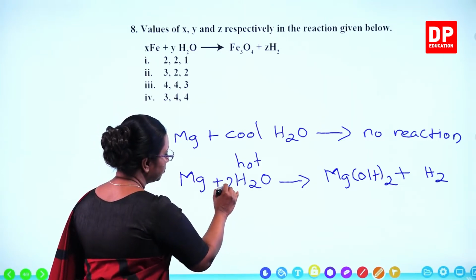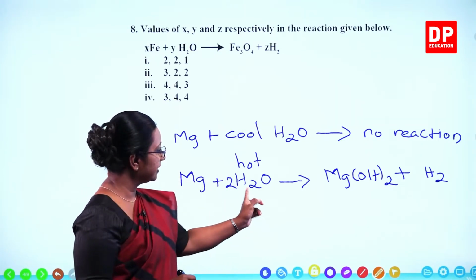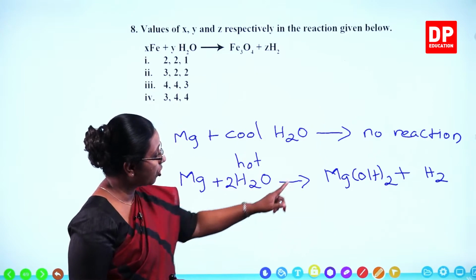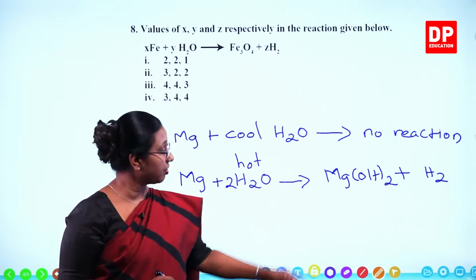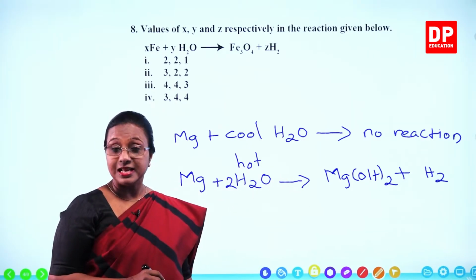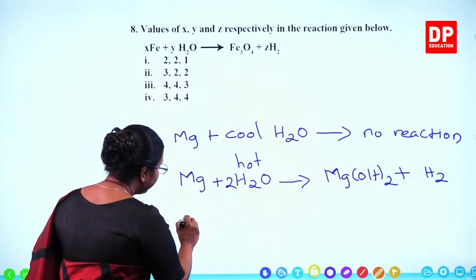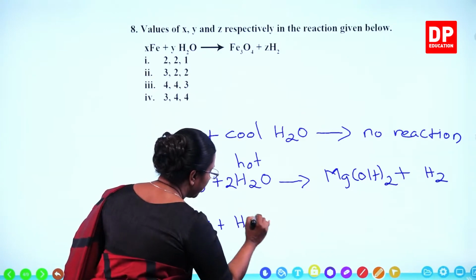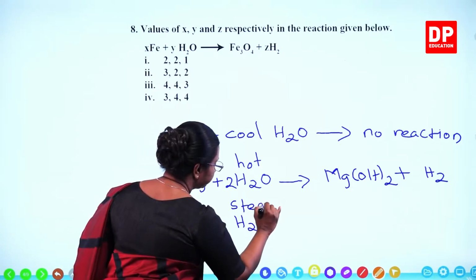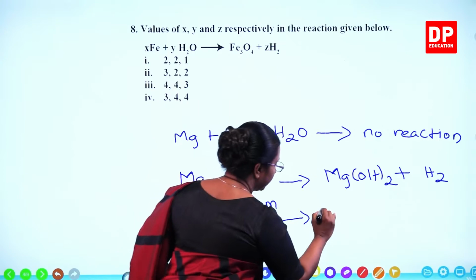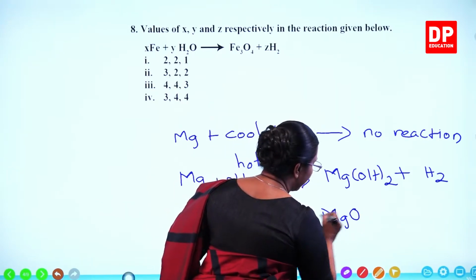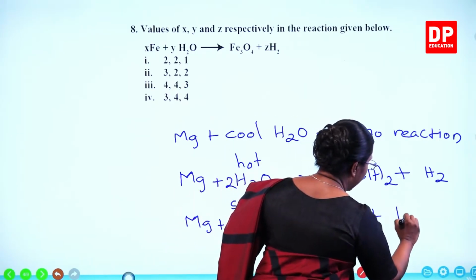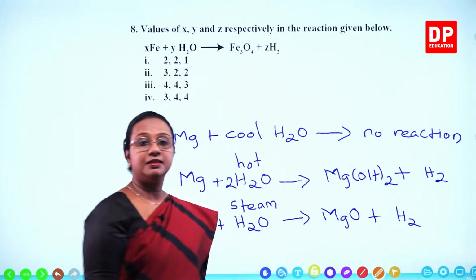And also you need to balance the reaction. So magnesium with hot water gives rise to magnesium hydroxide and liberates hydrogen gas. Then if you put magnesium with steam, it gives rise to magnesium oxide and liberates hydrogen gas.